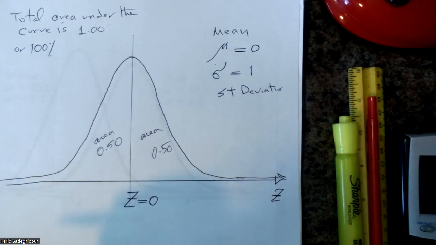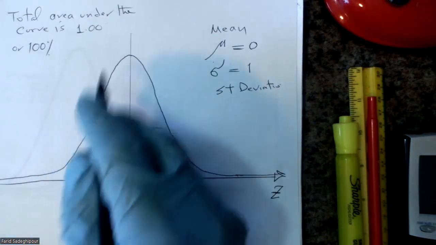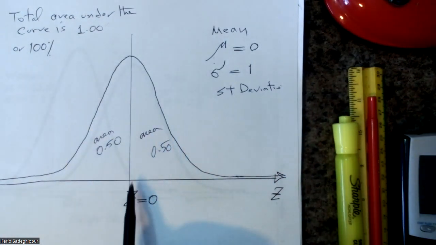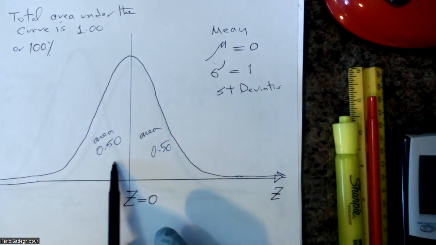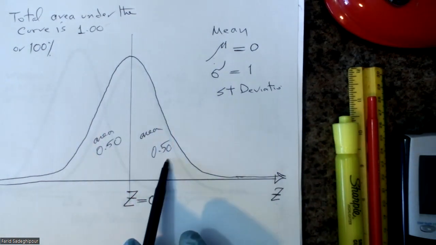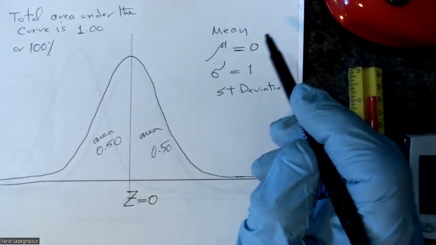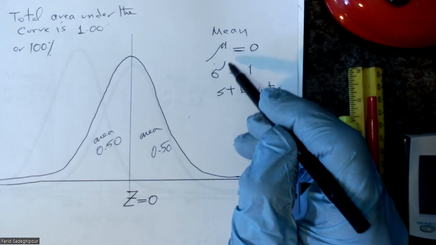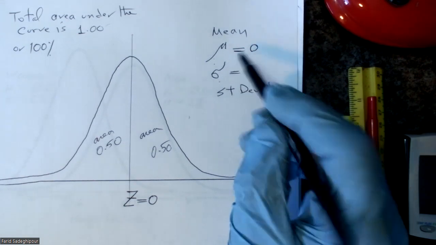The total area under the curve is always 1. Since this is symmetric, this vertical line splits it into two equal pieces, and each is 50% or 0.5. So this is for a standard curve, the special case where the standard deviation is 1 and the mean is 0.